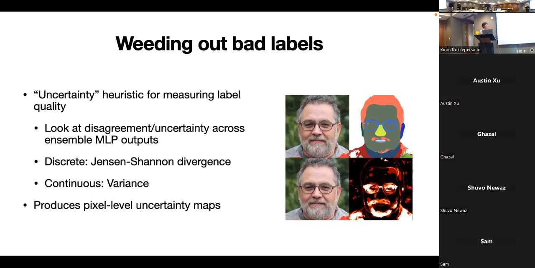But the idea is if there's an easy pixel to classify, like the skin here, then hopefully your outputs should be the same. But it just so happens to work out that for high uncertainty parts, things get kind of weird.